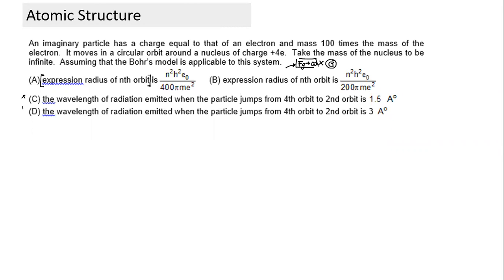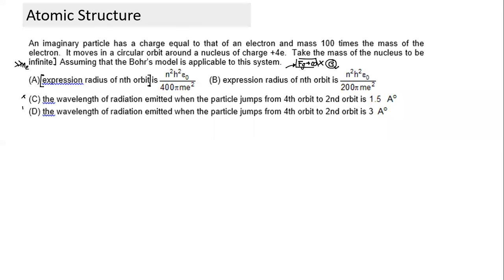Why don't we write a gravitational force? In case of proton and electron, the electrostatic force is much larger than gravitational force. So we ignore it. Perhaps I should take the mass of the nucleus to be much greater than the mass of electron. That would have been the right wording. And here options do not have gravitational constant, so it means they are ignoring gravitational force.